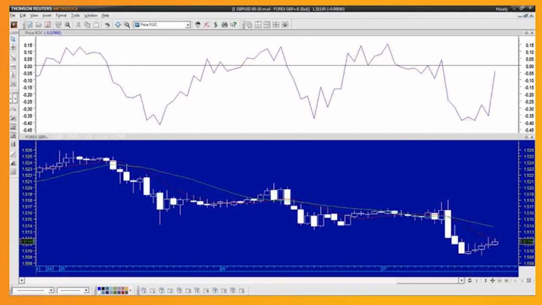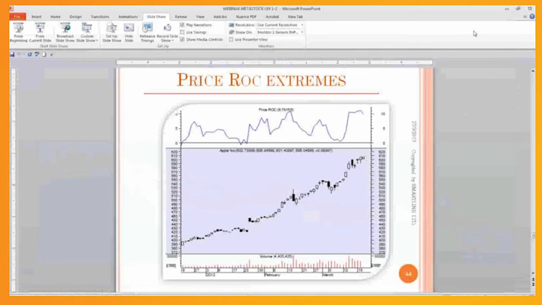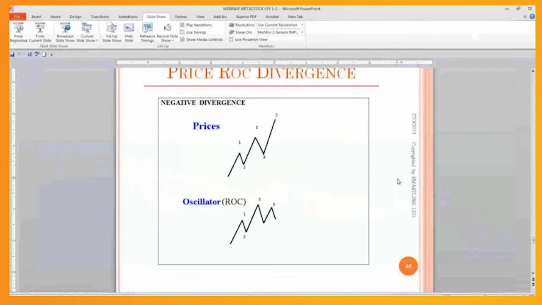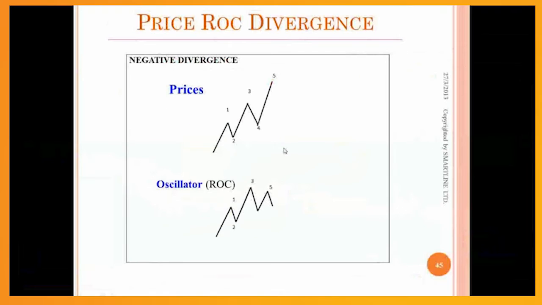So what is a divergence? It is when the prices are still going lower and the oscillator is still approximately at the same level, which is minus 40, as you can see here. We will see right after how we will use this information about the negative or positive divergence, but I'm going to give it to you on a small drawing, just to see it a little bit better.